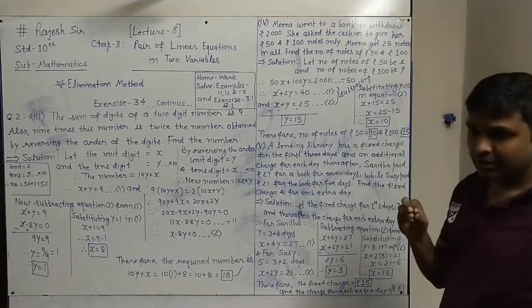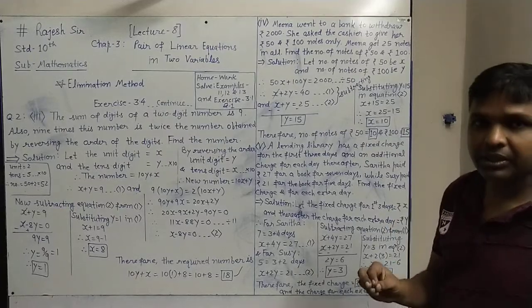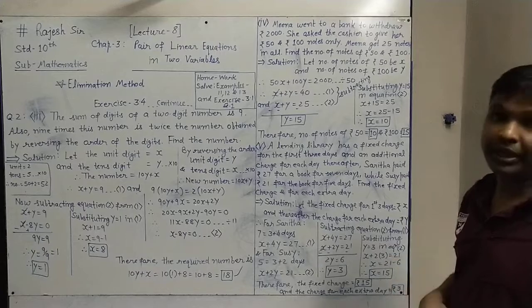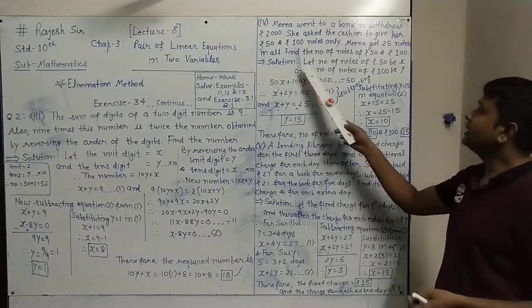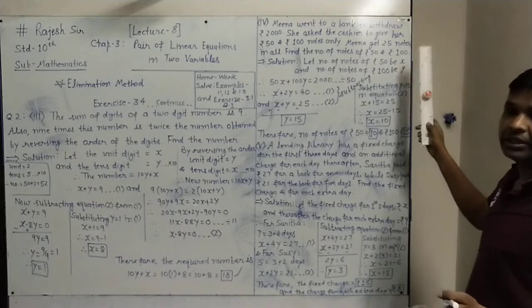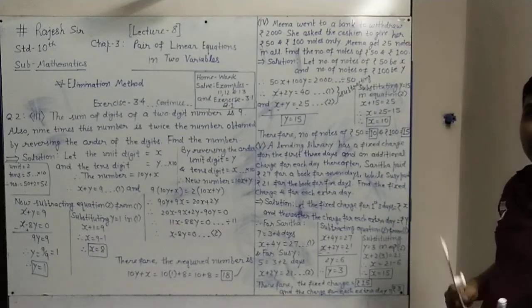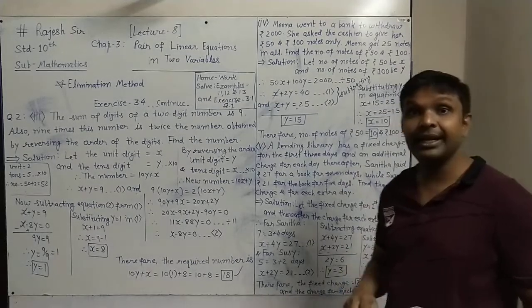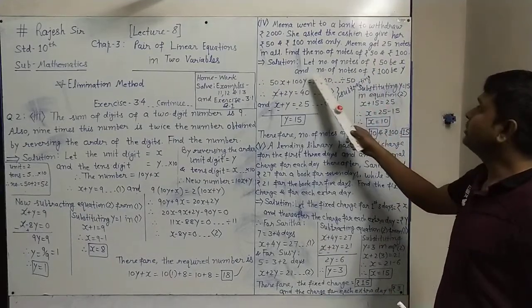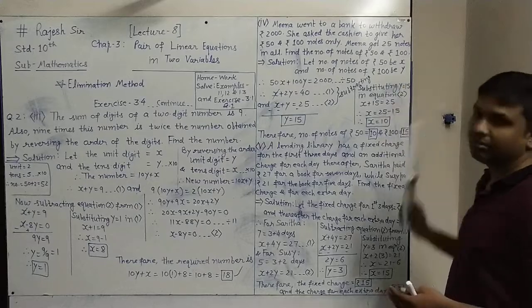So how many notes of rupees 50 she received and how many notes of rupees 100 she received, that we have to find here. In the solution, let the number of notes of rupees 50 be x, and the number of notes of rupees 100 be y.